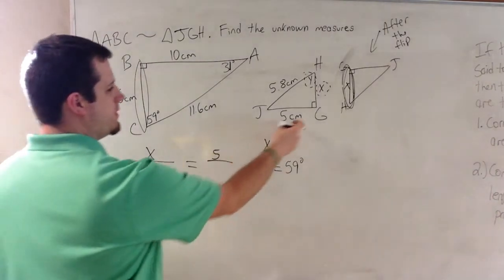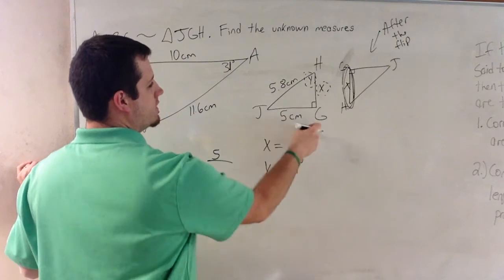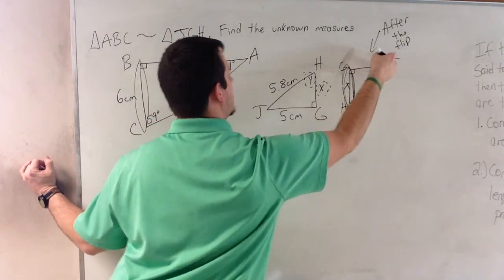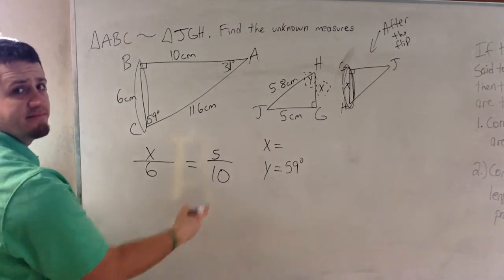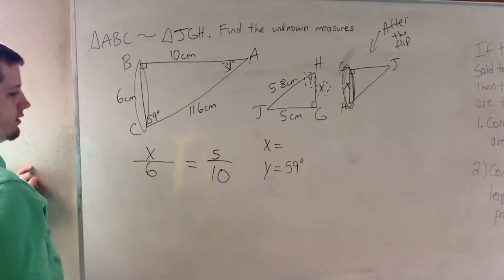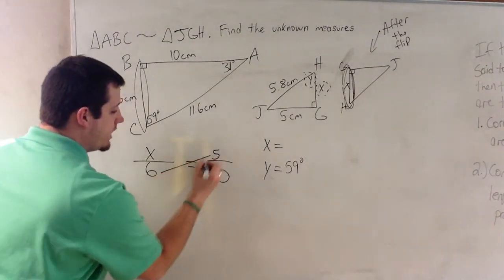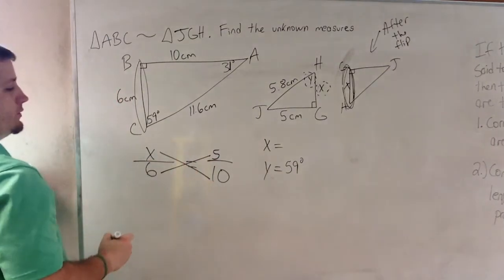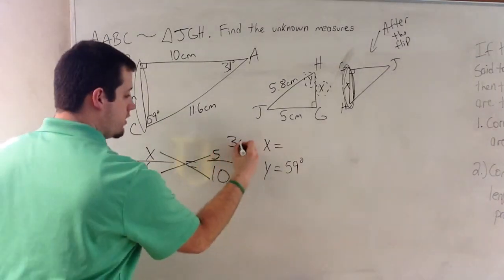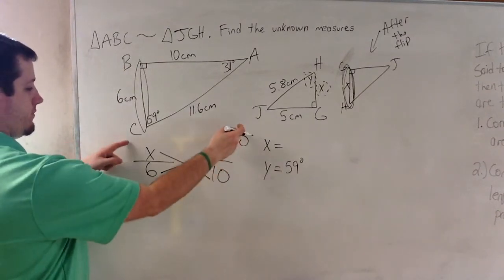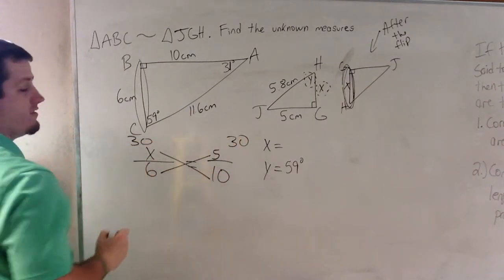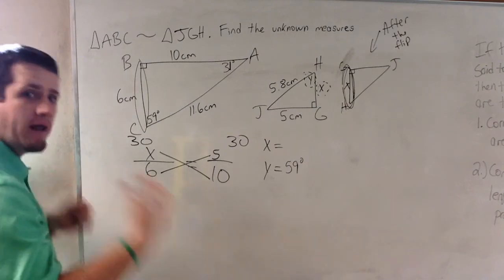What does the 5 correspond with? What is the JG after I flip it? It's on the top, so the 10's on the top. Anything I can do to 6 to get 10? No, can't do that. So what has to be true for these two values? Got to be the same thing. How do I know that?